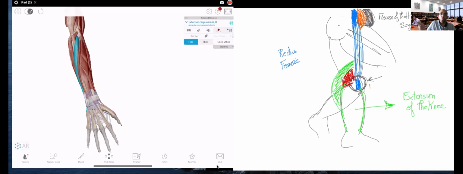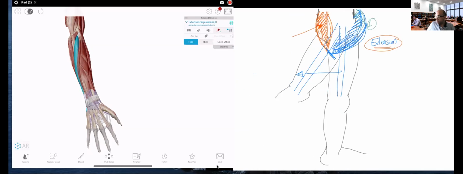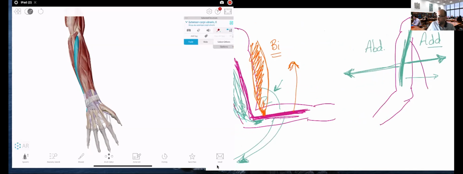If you're moving towards the body, this is an adduction. Remember, like we mentioned last class, pull on your pinky. It's going to be pulling the hand towards your body, towards your midline. So it's an adduction, exactly.